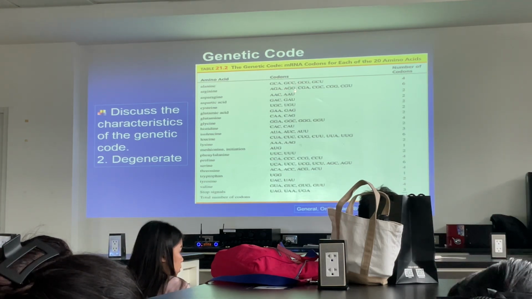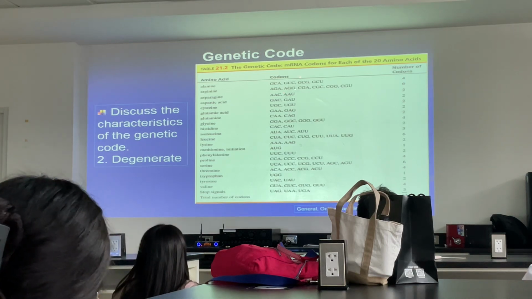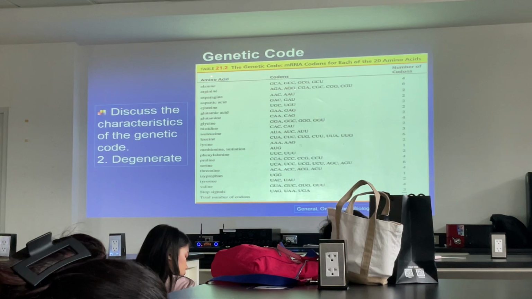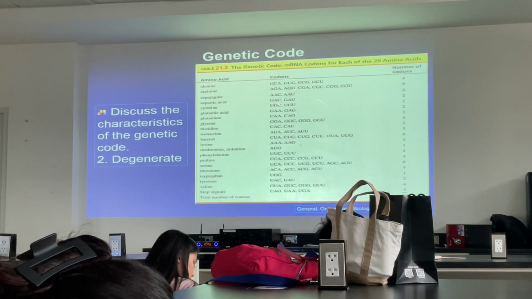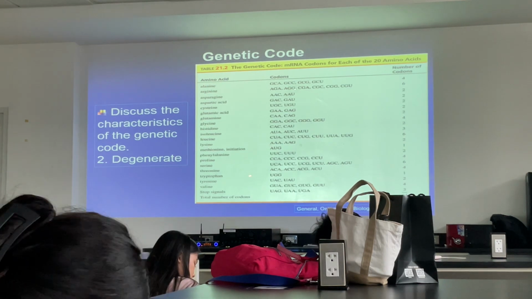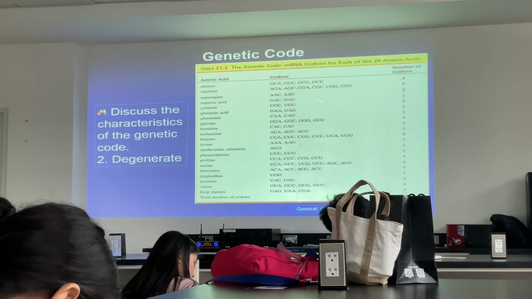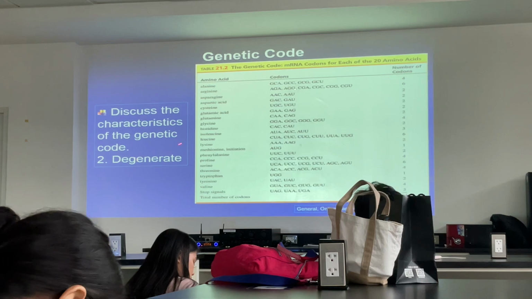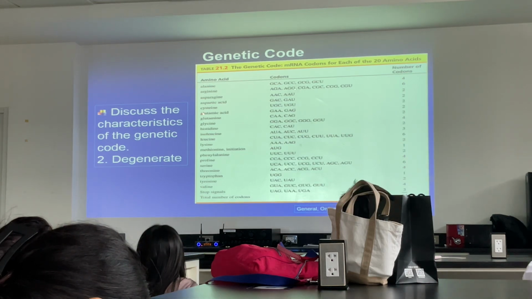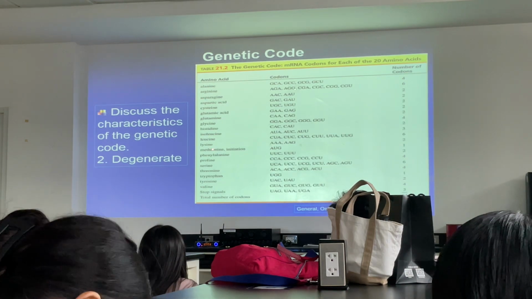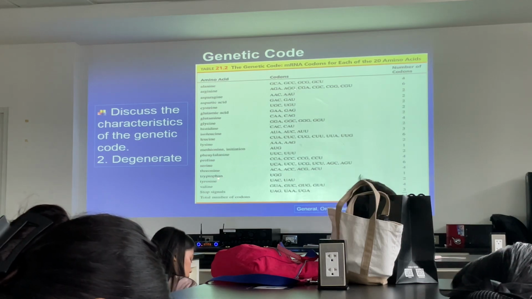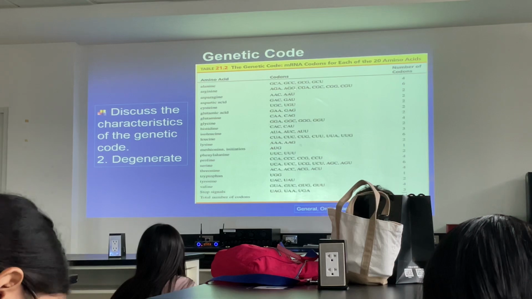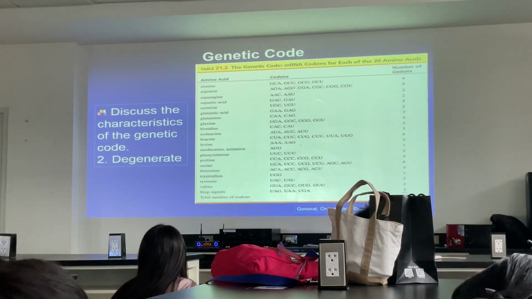More than one codon can code for the synthesis of a specific amino acid, except methionine and tryptophan. Only one codon codes for tryptophan and methionine.